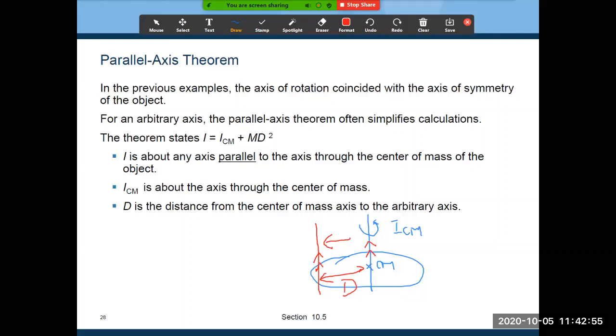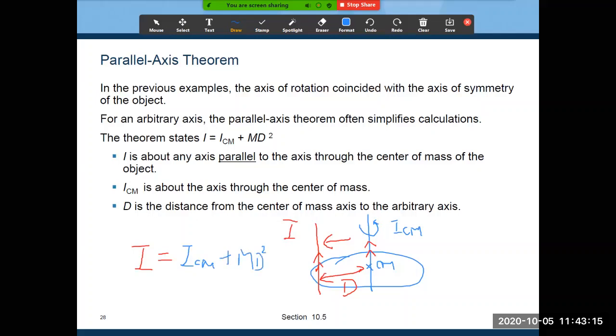Then the new moment of inertia about the new axis could be related to the moment of inertia about the center of mass by the equation as shown above.